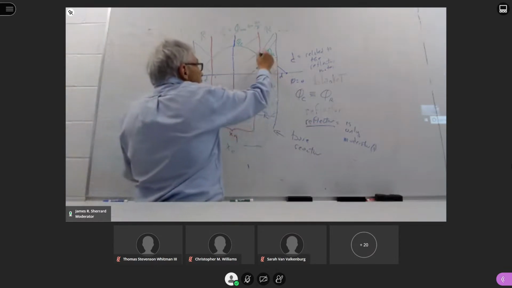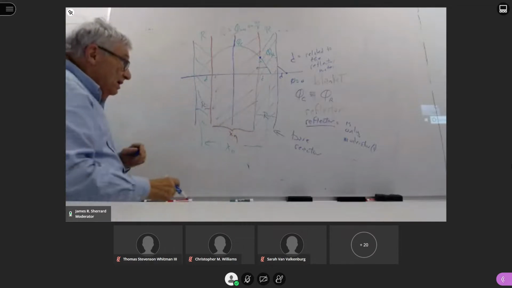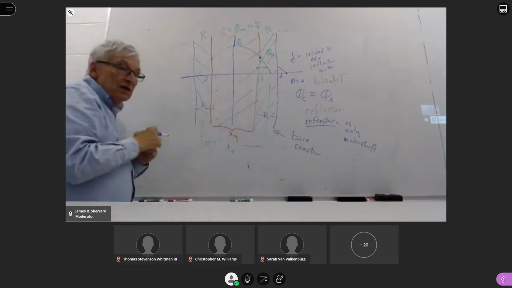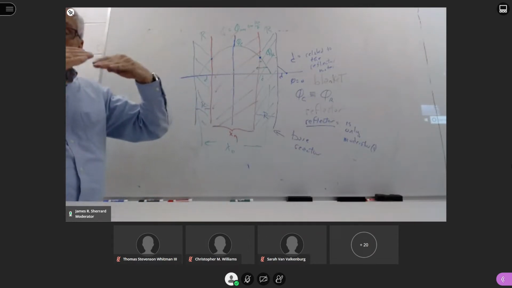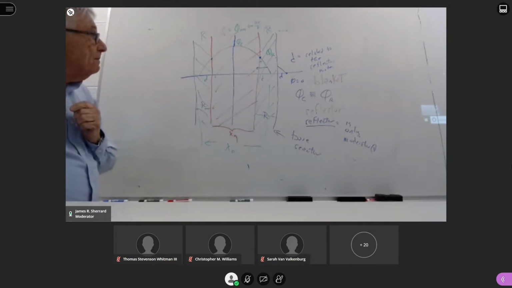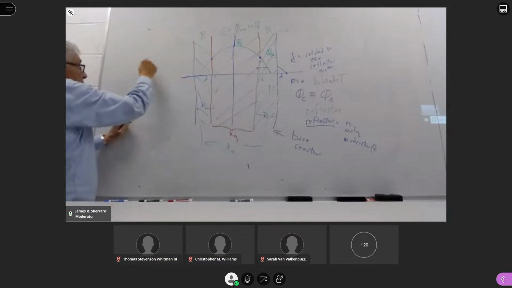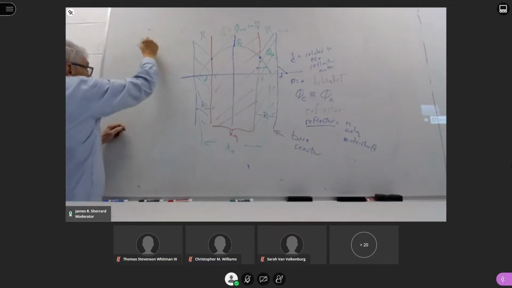It exactly equals each other at the boundary. So it's exactly right here and exactly right there. Because you cannot have a discontinuity between fluxes. So you're going to get the flux in the core the same old way we did before by going back to the general diffusion equation.